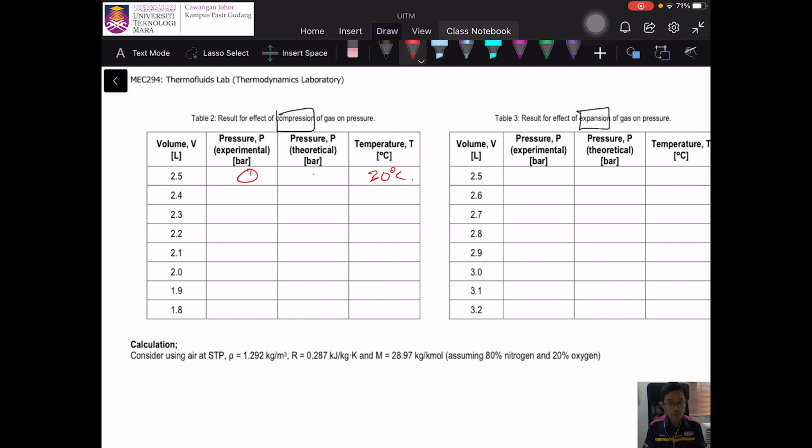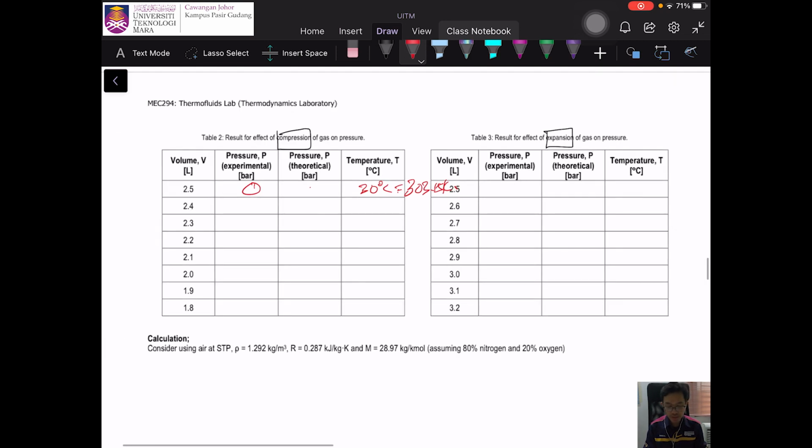You need to change it into Kelvin to use the ideal gas equation. So you add 273.15, and you get 303.15 Kelvin, and then you need to redraw the table using the Kelvin value.